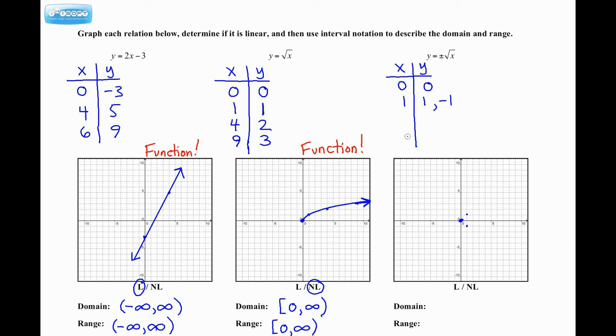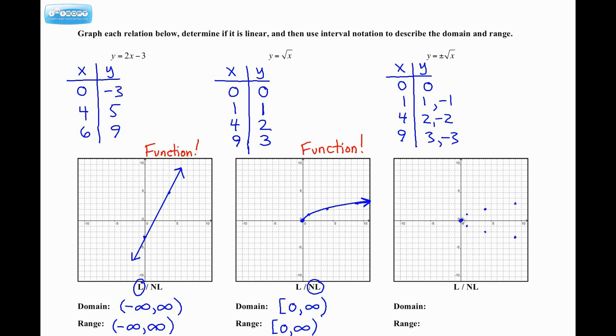Let's complete it. Choosing the same values as before, x is 4, the square root of 4 is 2, but we're allowed to do plus or minus according to what this equation says. So if I plot these, I have two different choices. x is 4, y could either be 2 or negative 2. And then 9: this would be 3 or negative 3. So plotting this would be 9, 3, or 9 comma negative 3. You'll notice that really all we have is this relation, which looks like the previous graph reflected, flipped.